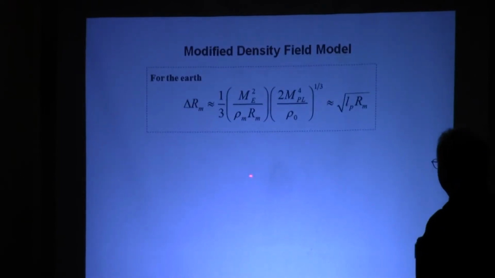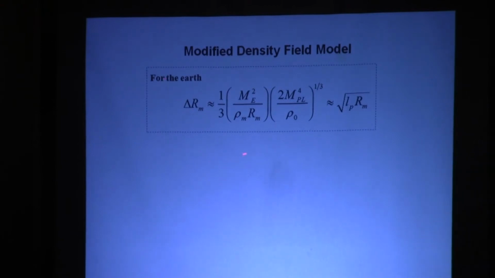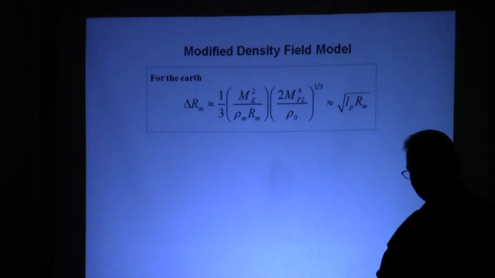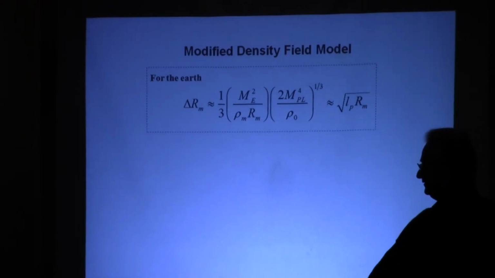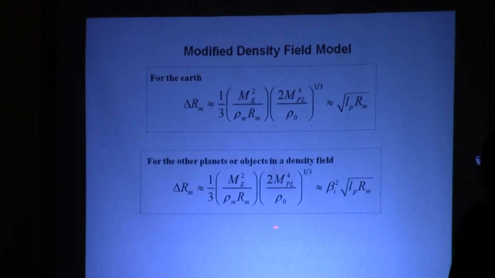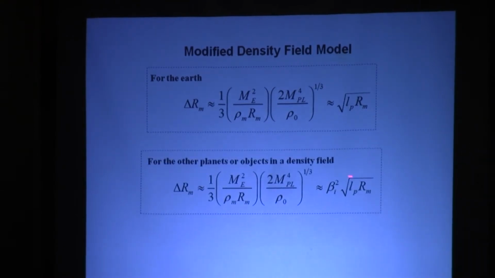Okay, equation now. Here's the equation for the thin shell. What I noticed in the Kerr-Newman model was that for the Earth, this thin shell was approximately equal to the square root of the Planck length times the radius of the Earth. So there's actually a new way to calculate the Planck length if you want to do that. But for other planets and things in our solar system, it didn't work. So what I had to add was a coupling constant related to the environment that you were actually placed in.